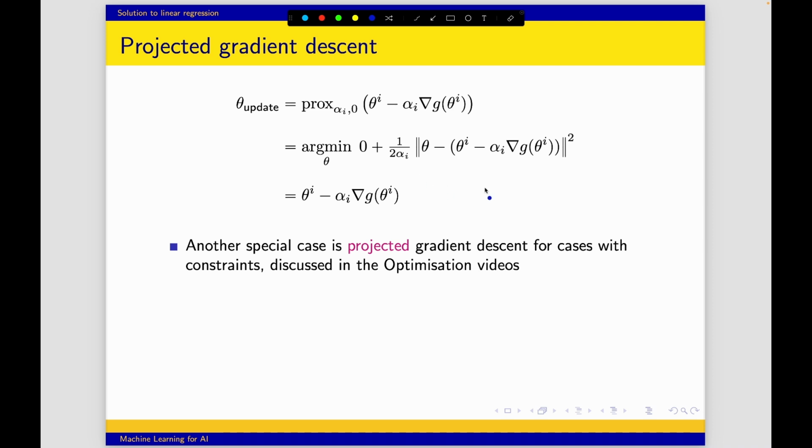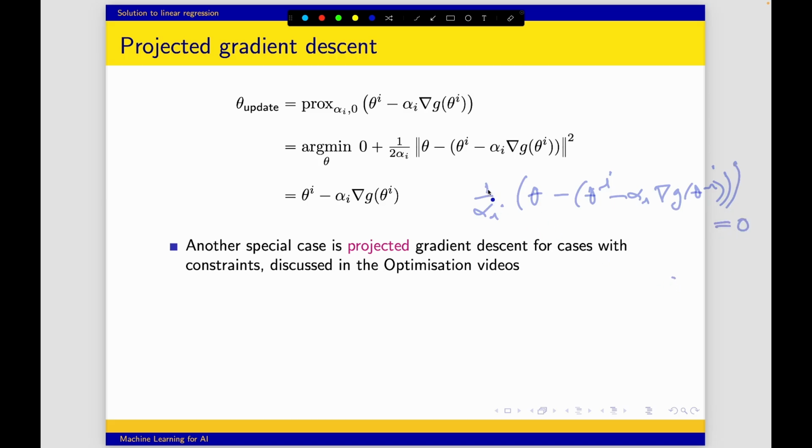So the 2's cancel. We're going to just get 1 over alpha I theta minus theta I minus alpha I gradient of g at theta I. Close that bracket, and that has to be equal to the 0 vector. Right?